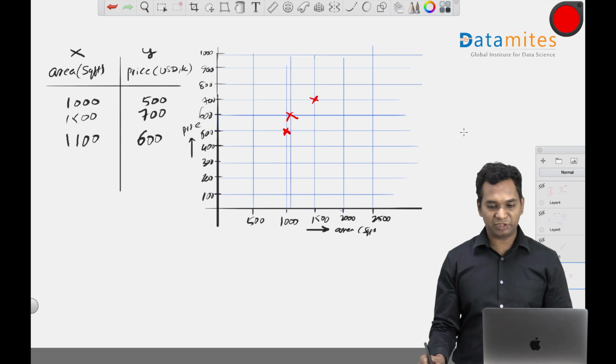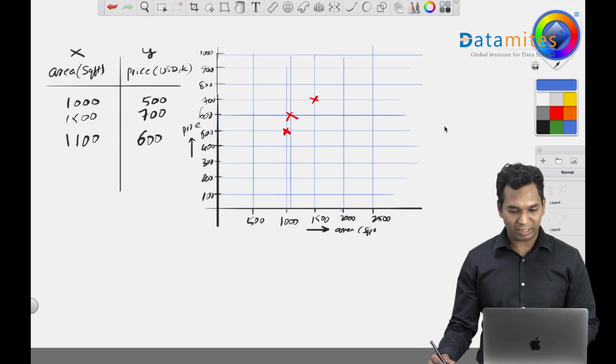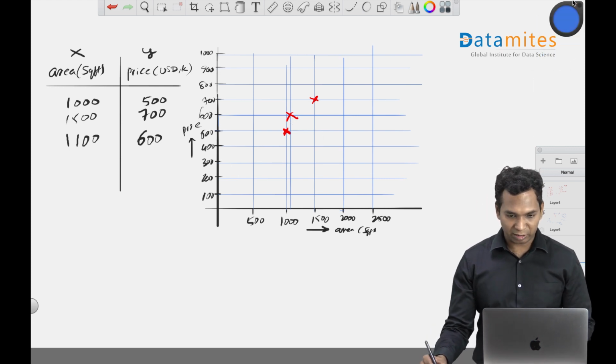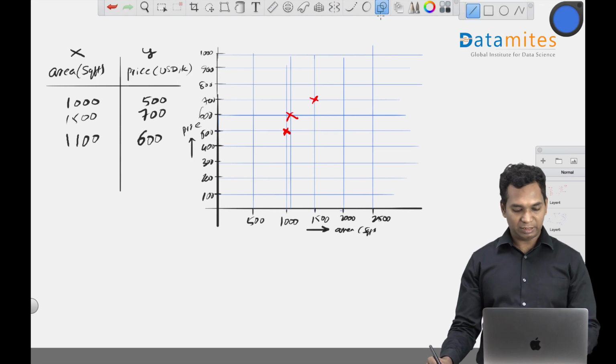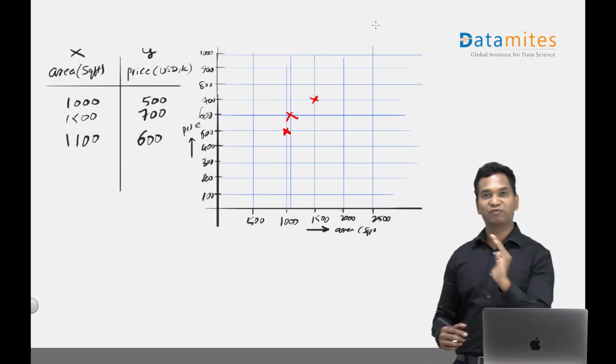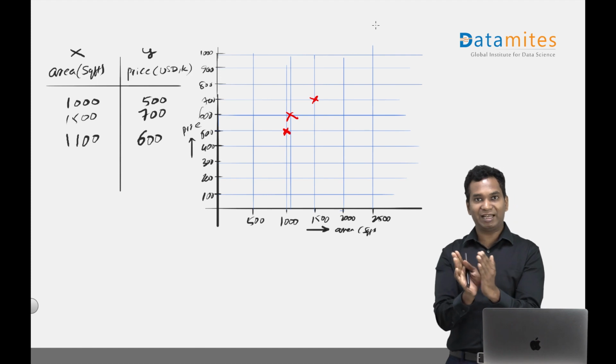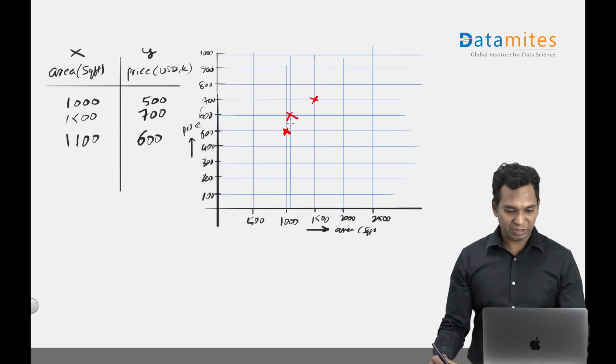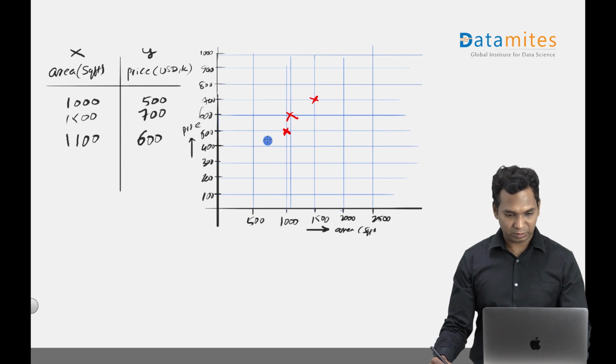So if I try to fit a line, I cannot fit one single line for these 3 points because it's not in a straight line. So what I can do is fit a line something like this, for example.